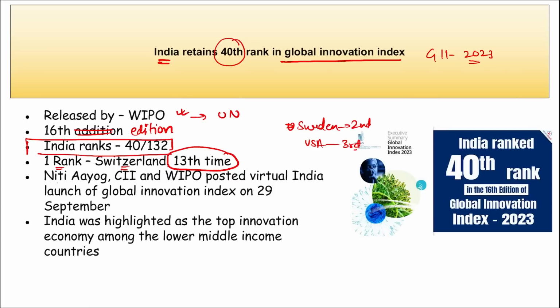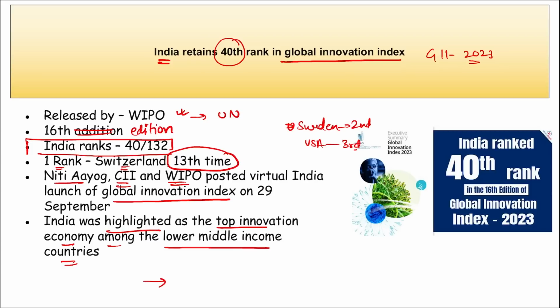Then apart from this, Niti Aayog, CII and WIPO, they posted a virtual India launch of Global Innovation Index on 29th of September 2023. Apart from this, India has been highlighted as the top innovation economy among the lower middle income countries and India is growing at a very fast rate. Correct? So these are some important points that you need to remember regarding your Global Innovation Index.